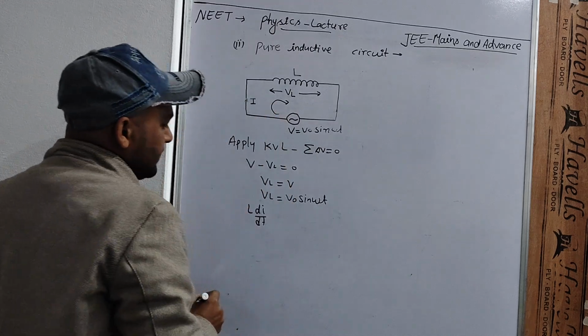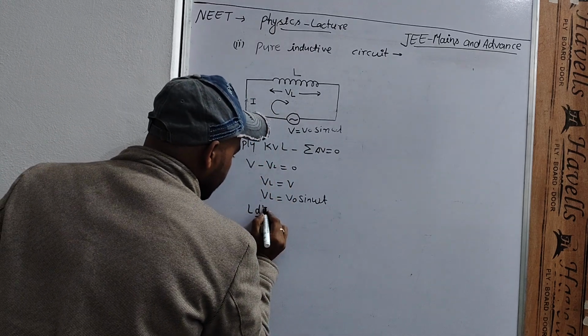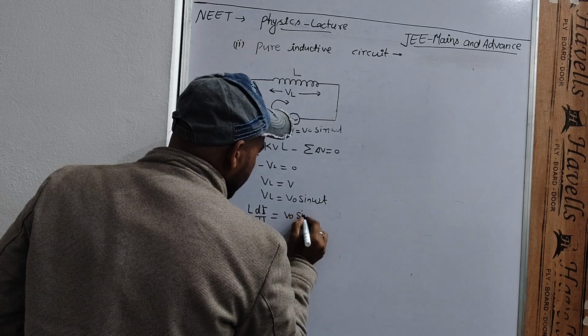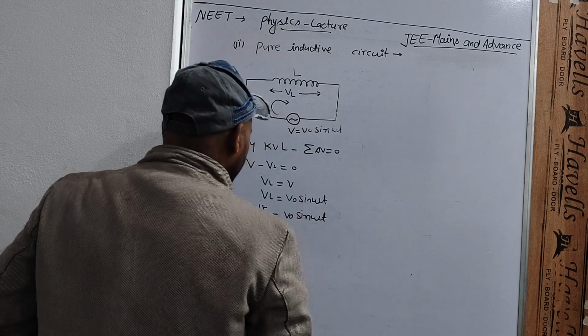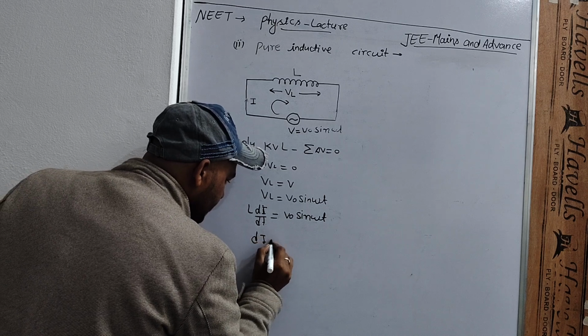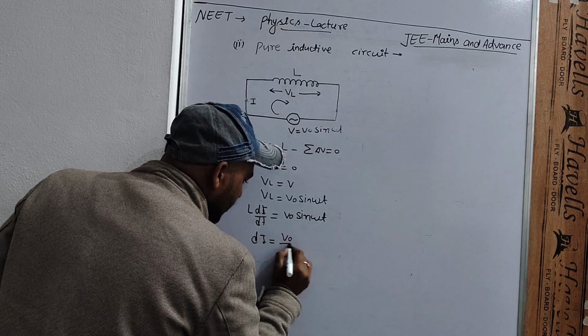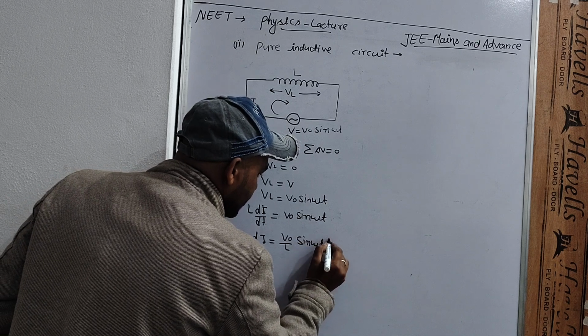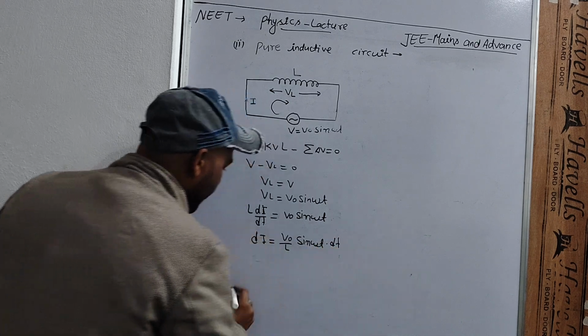Suppose the current I flowing through this circuit is equal to V naught sin omega t. Now di is V naught over L sin omega t into dt.